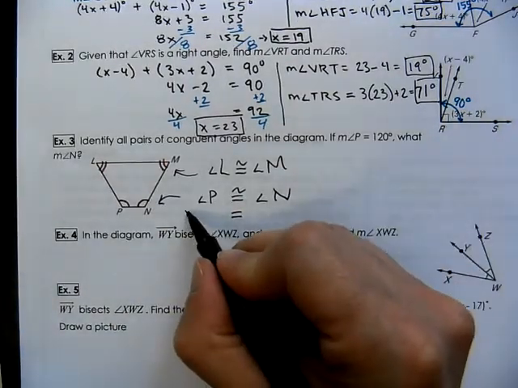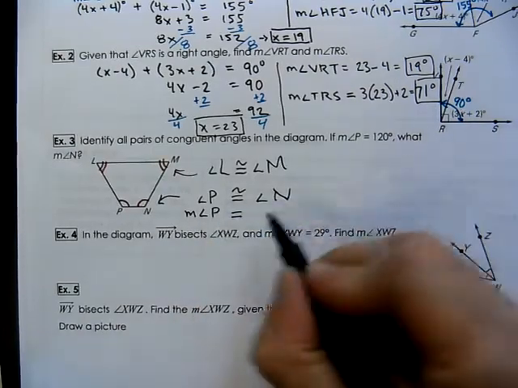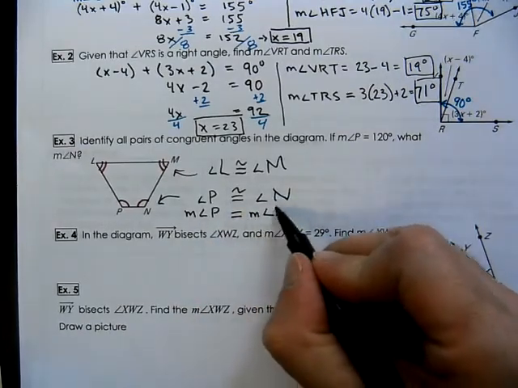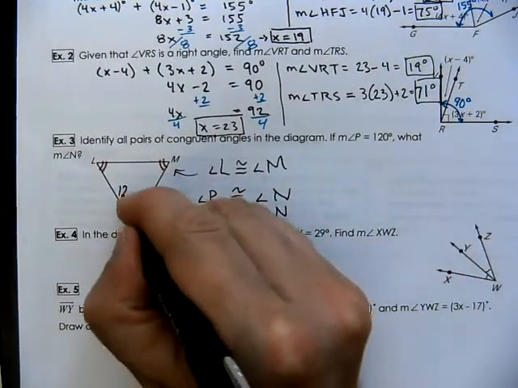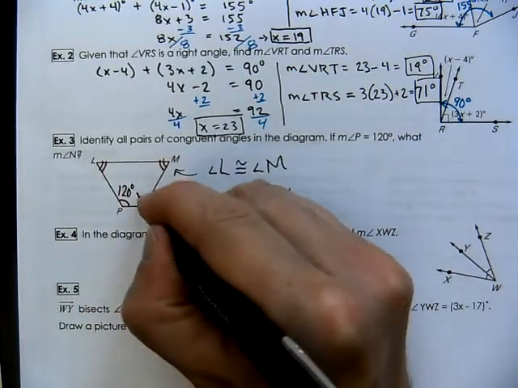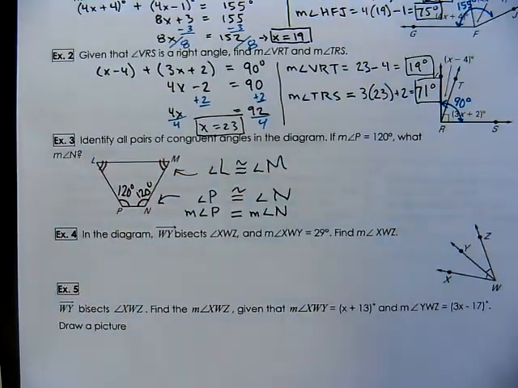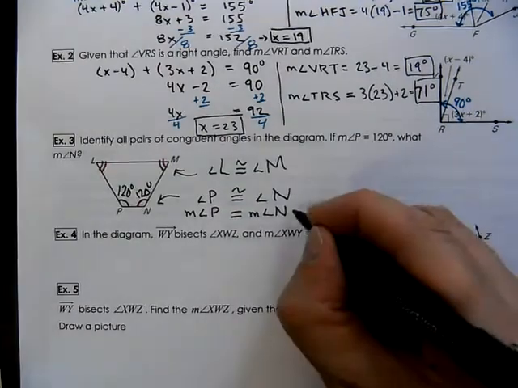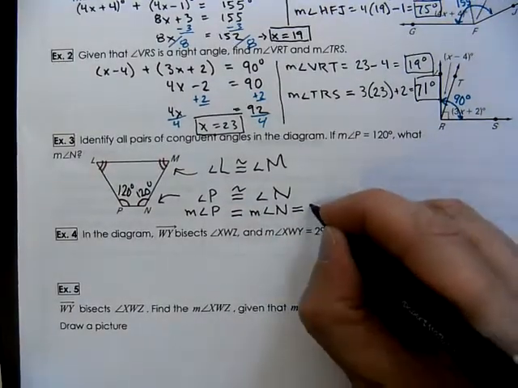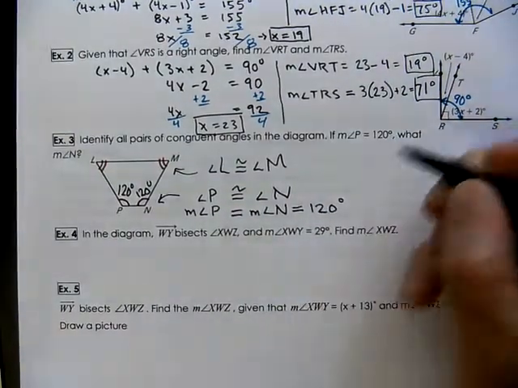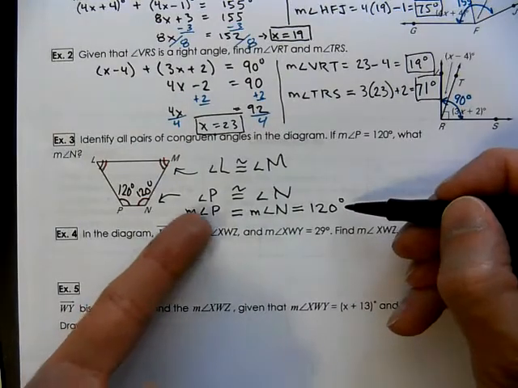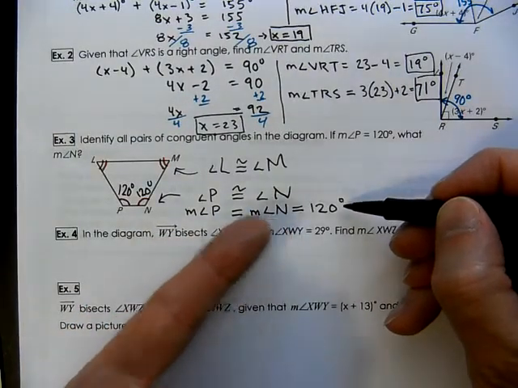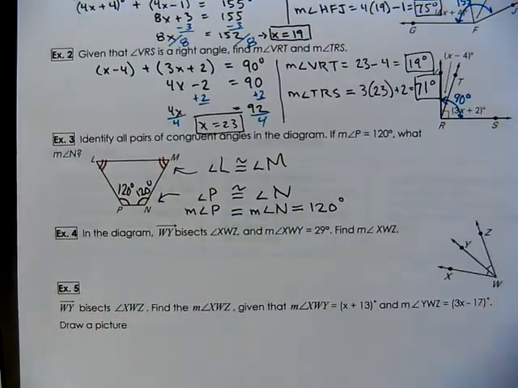So we would say the measure of angle P equals the measure of angle N. Well, if angle P is 120 degrees, it makes sense that angle N is also 120 degrees because they have to be congruent. They are the same size. So the measure of angle P is 120, the measure of angle N is 120, and they are equal to each other. So we took a moment to talk about congruency because that's going to feed into this next example.